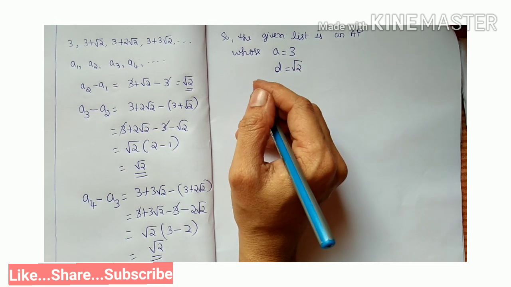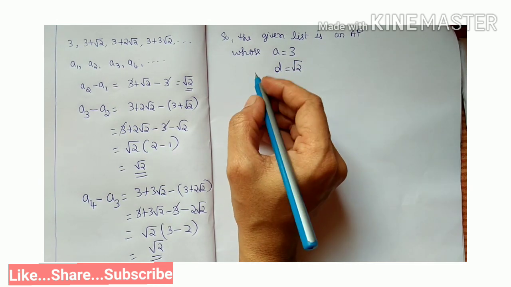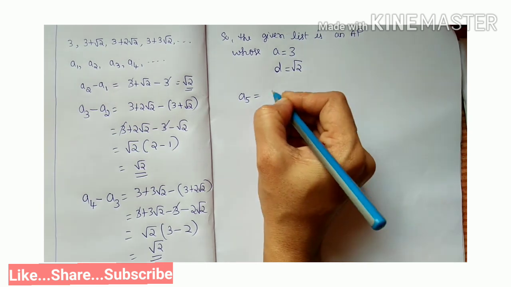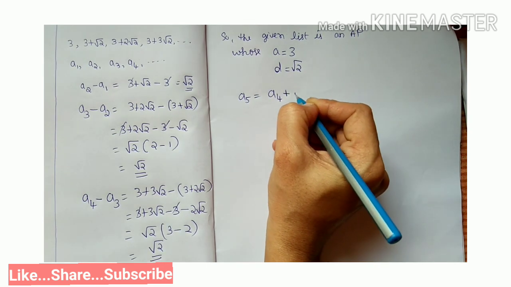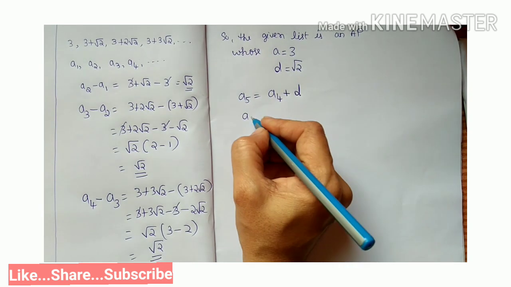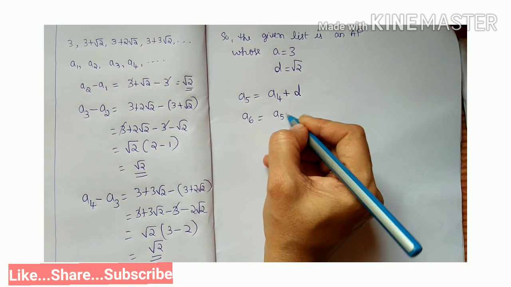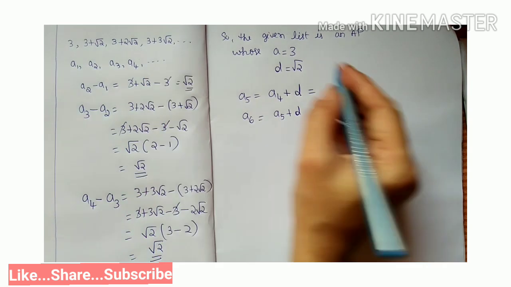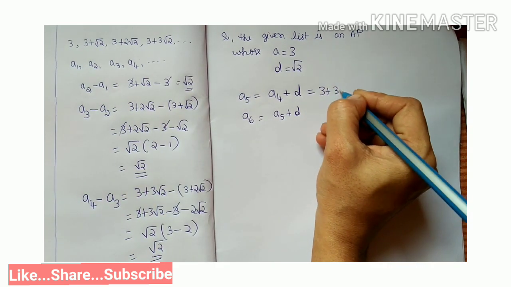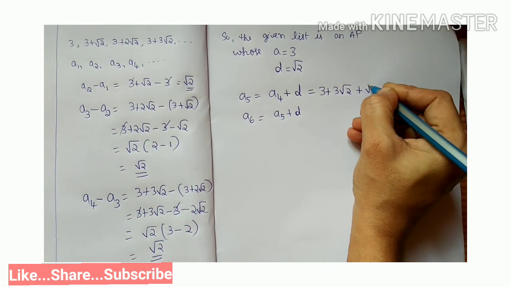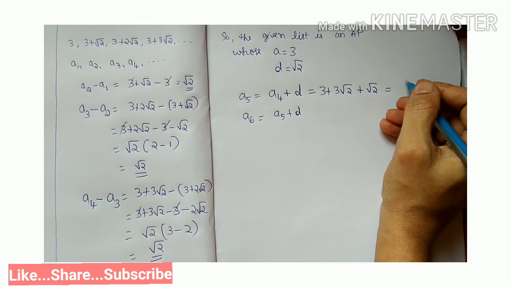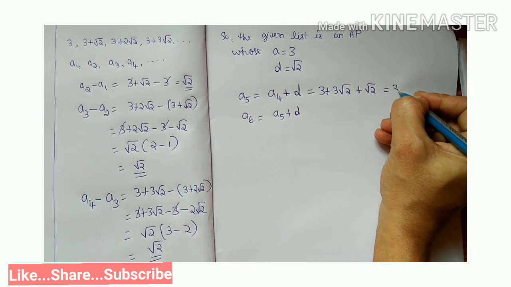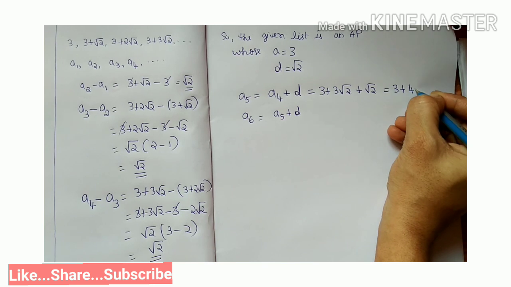Next two terms: A4 plus common difference, A5 plus common difference. A4 means 3 plus 3 root 2 plus root 2, here 3 plus 4 root 2.